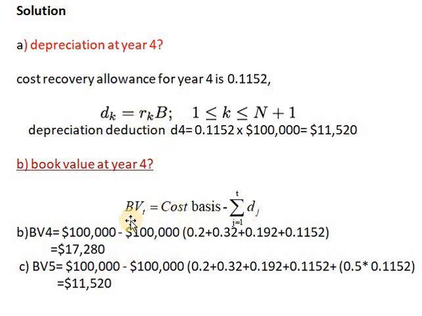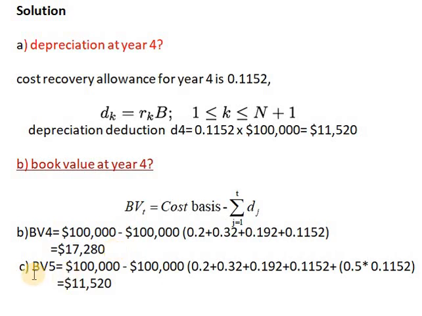So I can factor out the cost basis because it's going to be multiplied by the rates of all the previous years. So these are the rates for year 1, 2, 3, and 4 that I got from the table, because I want to calculate the book value at year 4. So the value of this asset, which had a cost basis of $100,000, became $17,280 by the books.